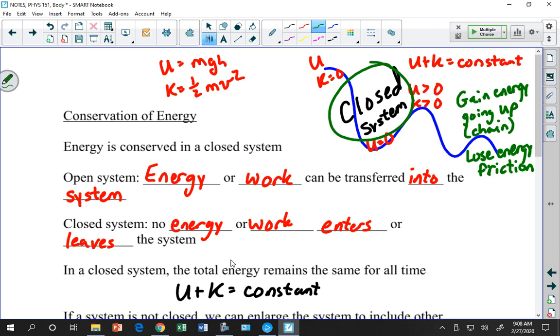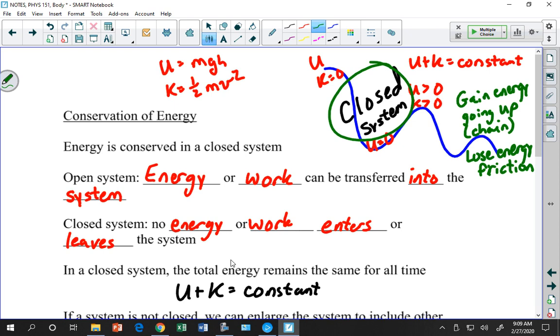If we included that type of energy, then that energy isn't exactly lost; we're just accounting for it as some other type. Or if we include the electrical energy that's used to pull the chain up to the top, then that's not energy entering the system, it's part of the system. So we can enlarge our system to include other types of energy, and where it was an open system before, now it becomes a closed system.